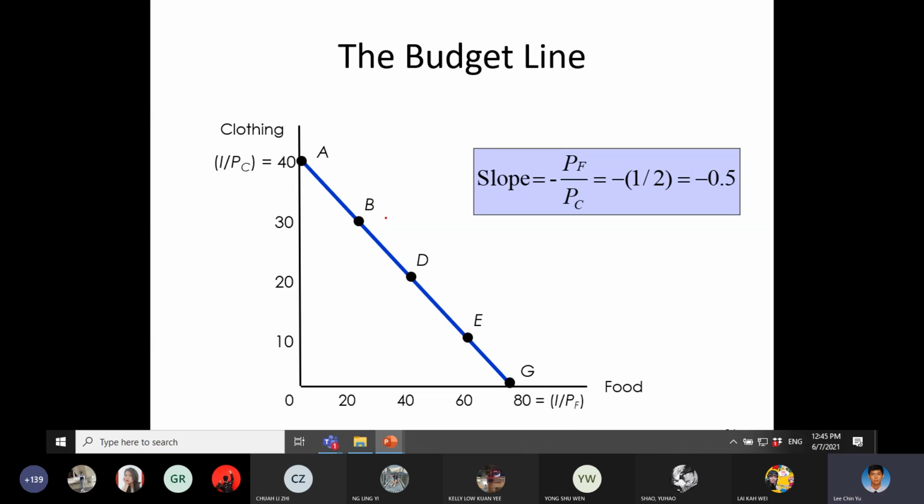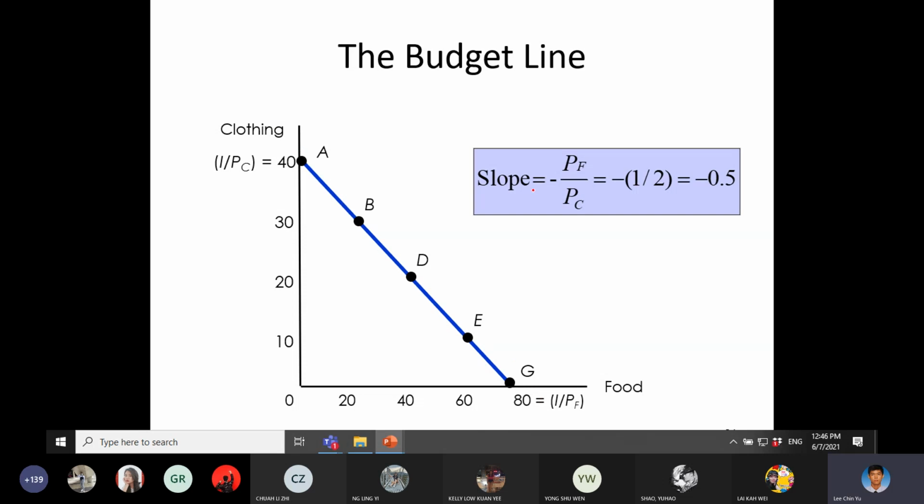Point B we can find, but it's quite difficult. So normally in the graph, we find the intercepts, which are much easier to find. We use all the income divided by the price of clothing, for example, we get 40. Income divided by the price of food, we get 80. Because our income is fixed, we just draw a straight downward sloping line.